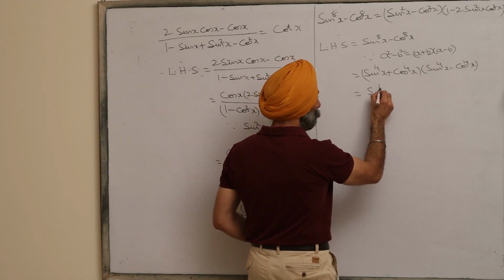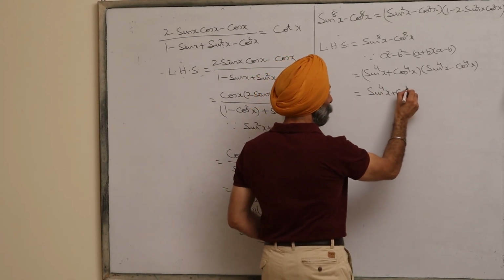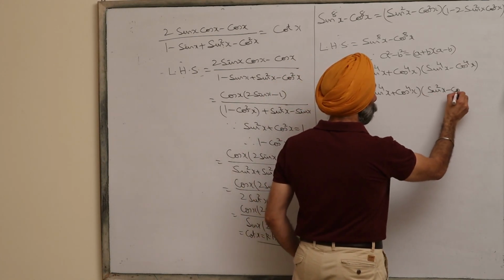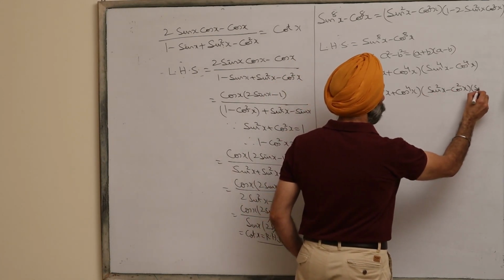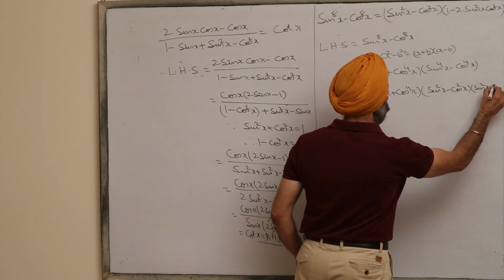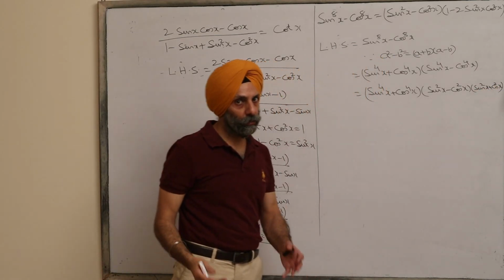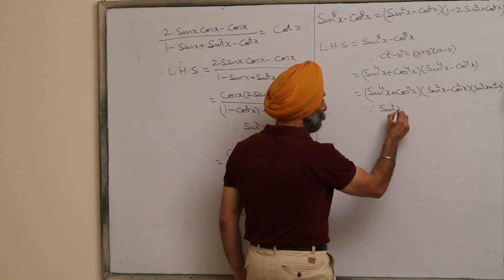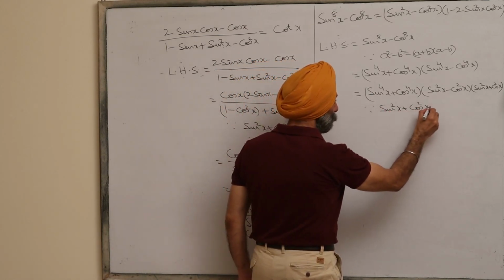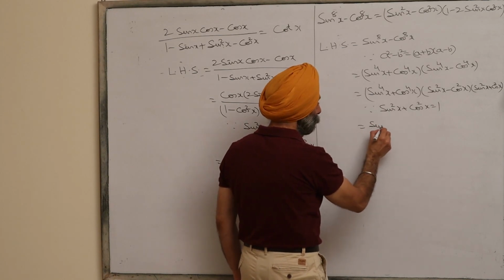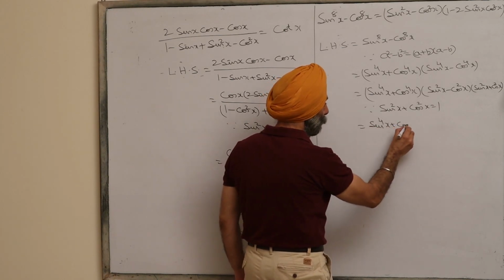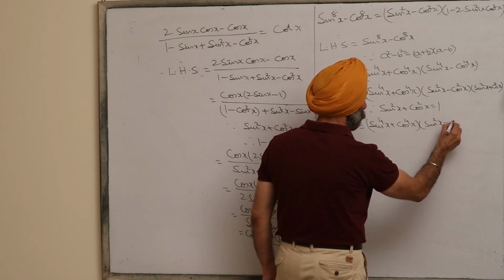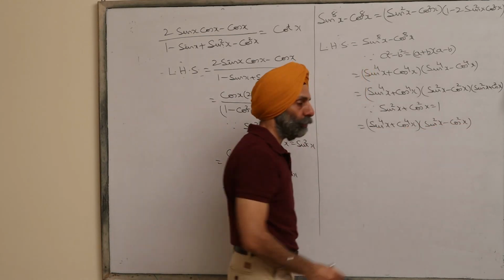So this is sin 4x plus cos 4x into sin square x minus cos square x into sin square x plus cos square x. So use your identity that because sin square x plus cos square x is 1, so this is equal to sin 4x plus cos 4x into sin square x minus cos square x.